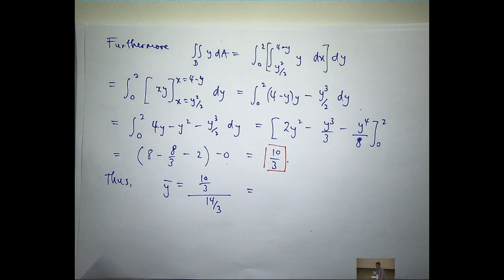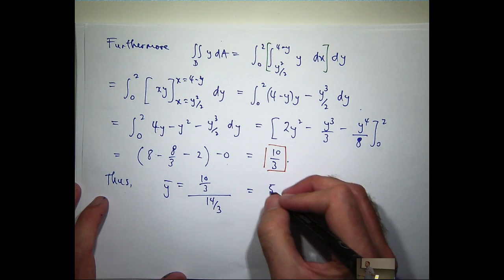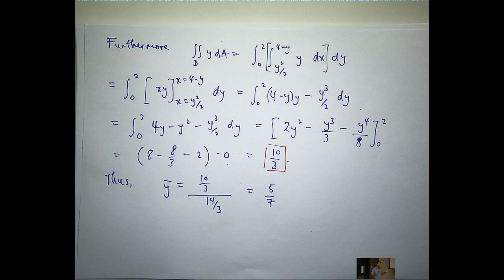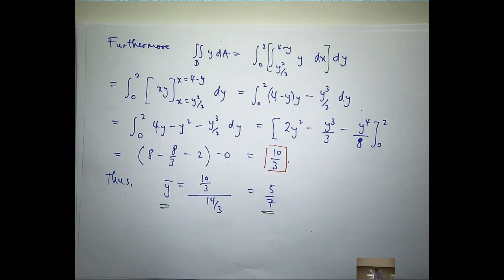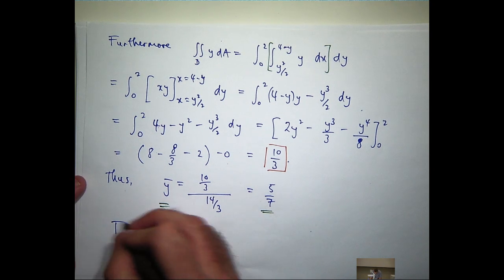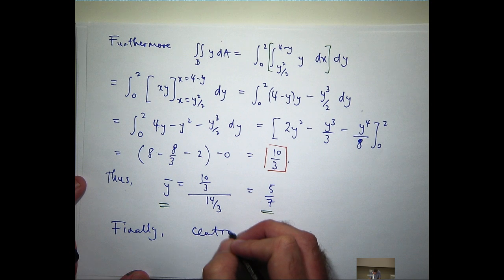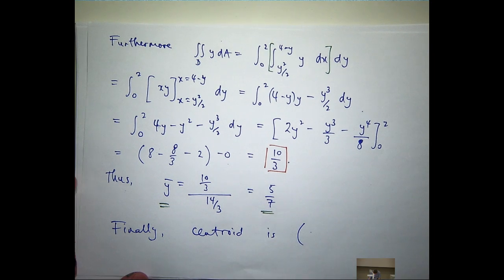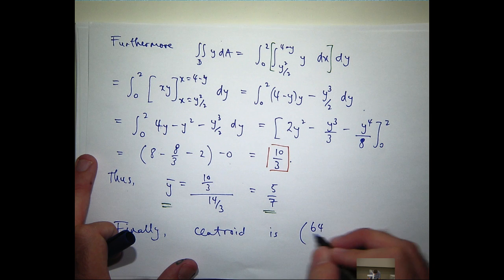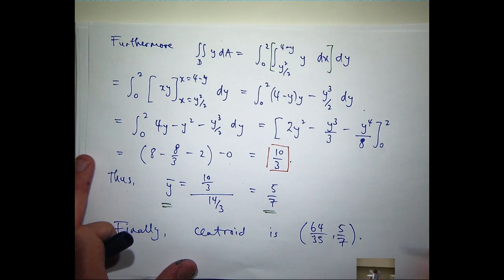So the 3 is going to cancel, and I'm going to be left with 5 on 7. So, our centroid is 64 on 35, 5 on 7.